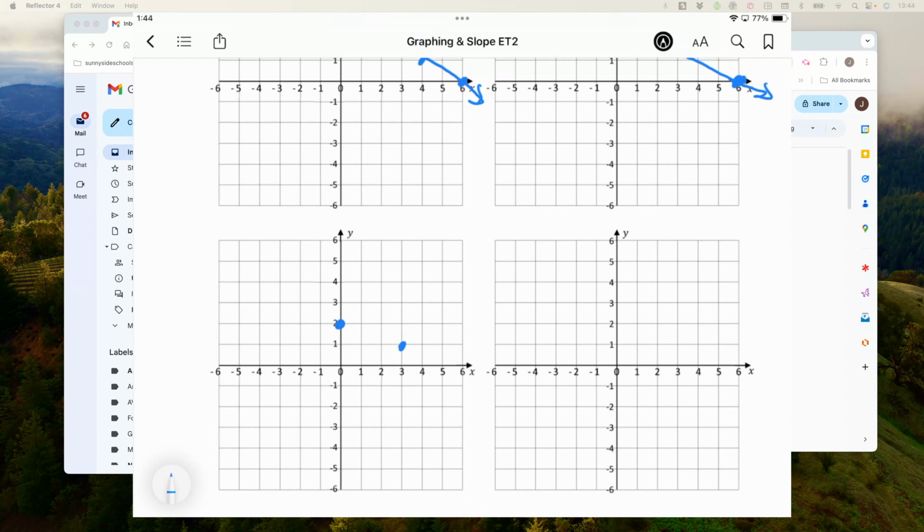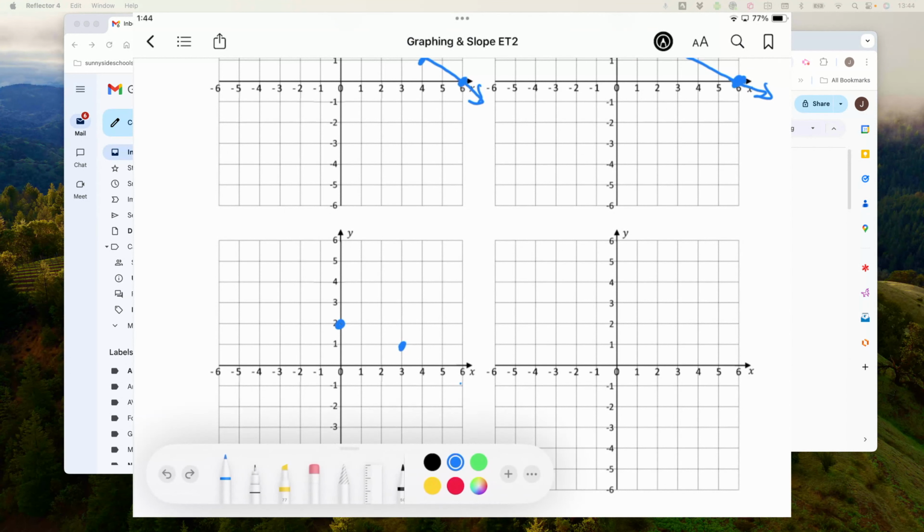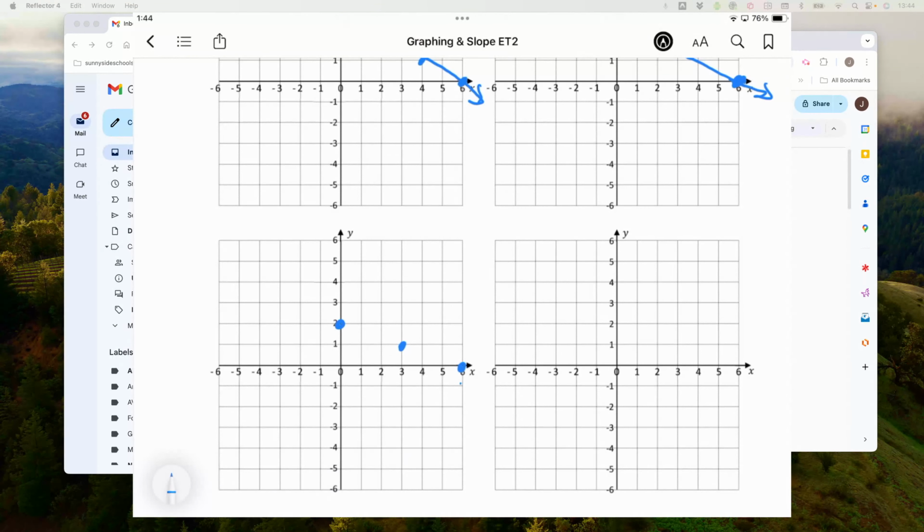Negative 1/3 would look like this. So there's our first one, y equals negative 1/3 x plus 2.